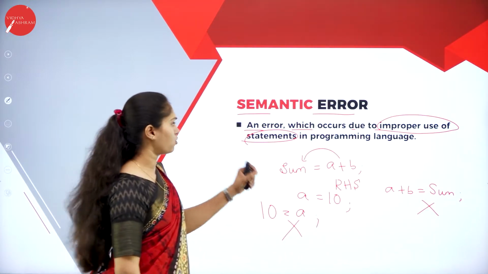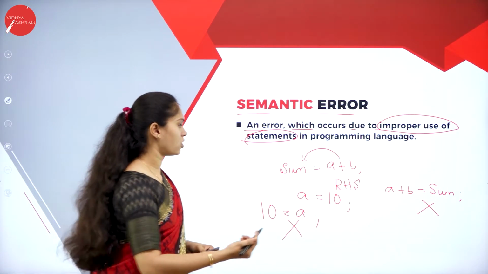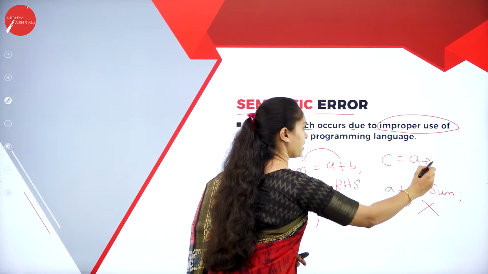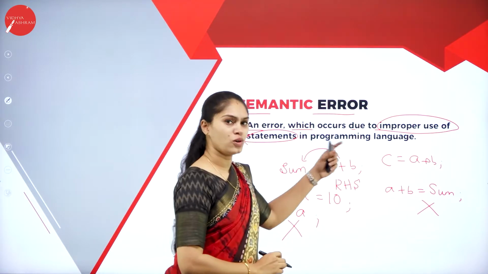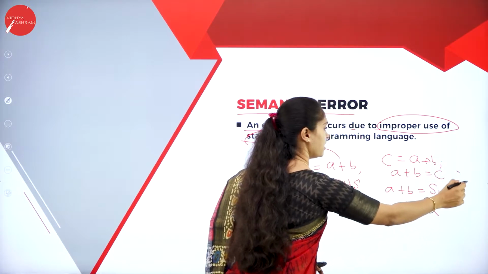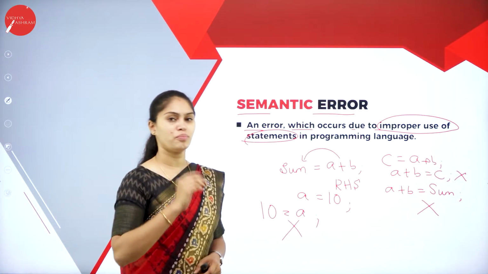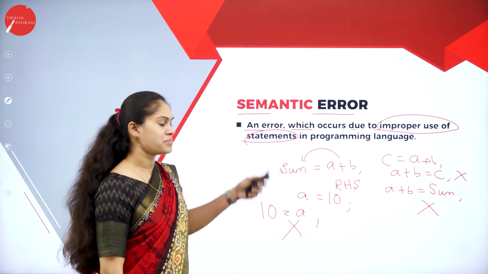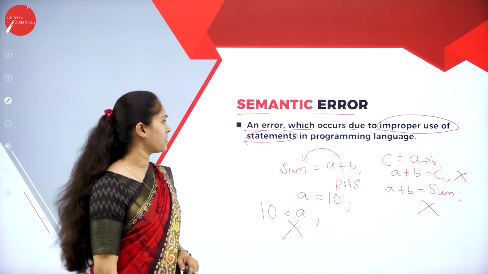This is a semantic error. Similarly, c is equal to a plus b is proper usage, but a plus b is equal to c is also improper usage of the statement. These kinds of errors come under semantic errors.